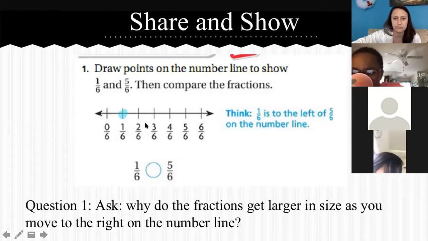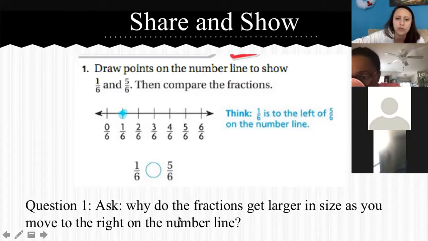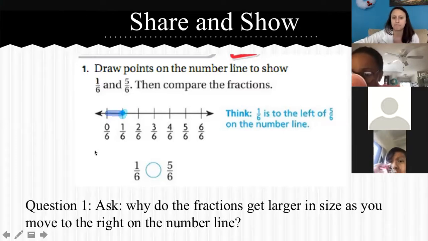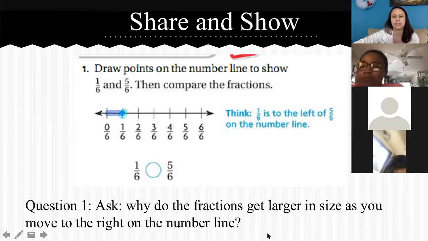Let's do this. This might be better. 1/6 here. And then it says 5/6. Well, let me just show you something really quick. So if we're doing 1/6, let's go back to this. 1/6 of this number line is this amount of the number line, okay? The next one is 5/6, and I'm going to change colors so you can see the difference here.